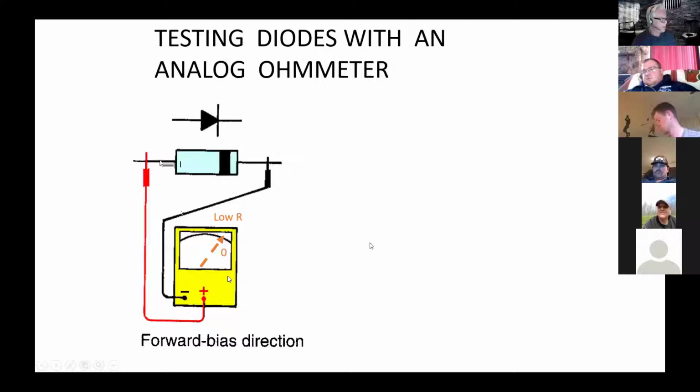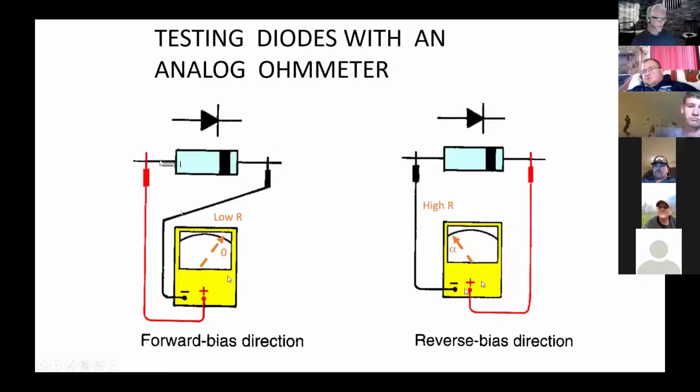But if you hook it up the other way, now current tries to flow through, but it can't. So it's pretty much acting like an open circuit, and you'll see a very high reading. You'll probably not see overload, but you might. Some current tends to get through, but it's so insignificant that we pretty much consider it an open circuit when it's hooked in reverse bias condition.